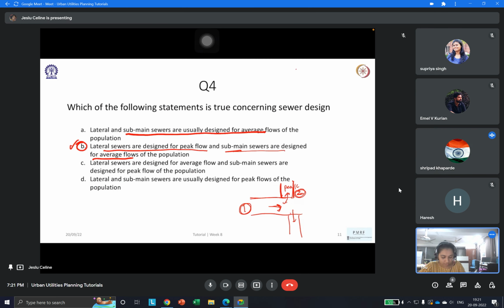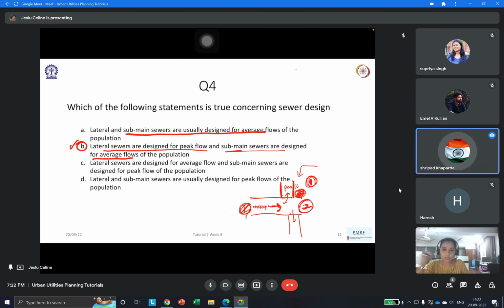Yeah, I was talking from the treatment side. When you're collecting it from your residences, it comes to the laterals first, and then goes to the main. So the lateral should be designed for peak so it can take the maximum, but the main only for average, right?